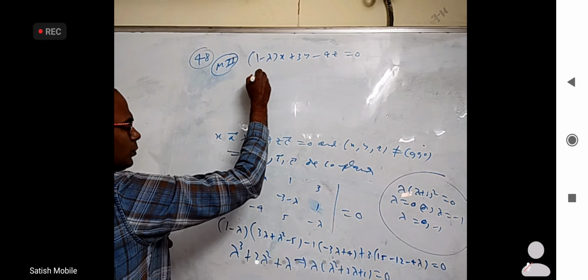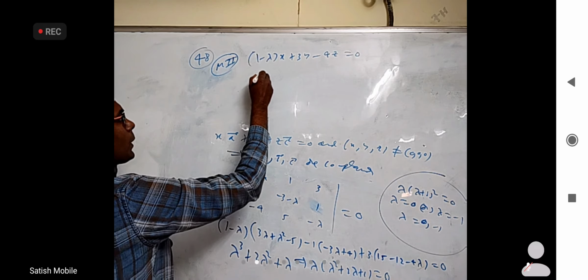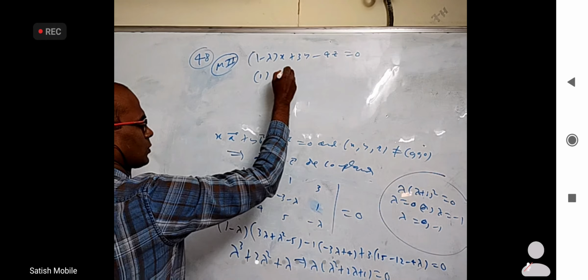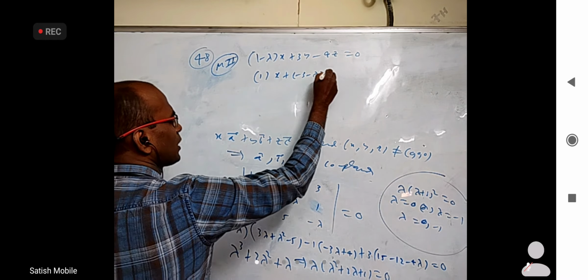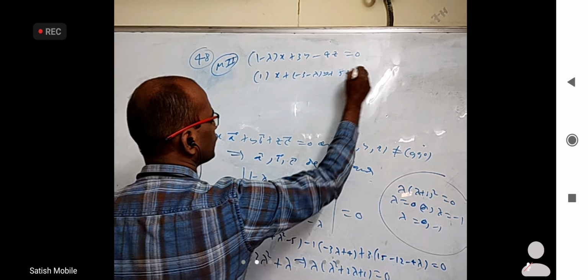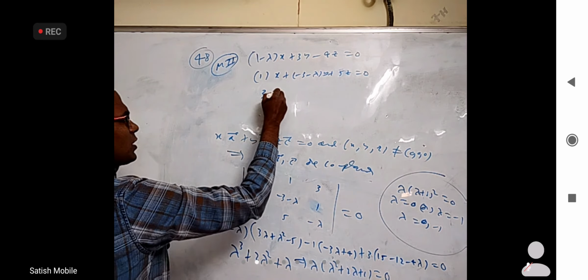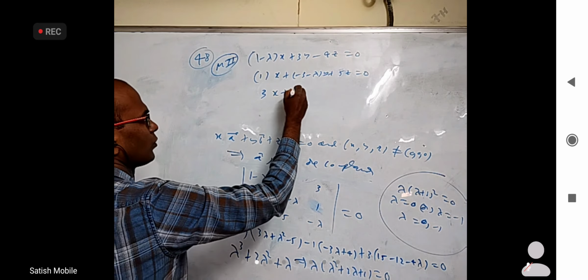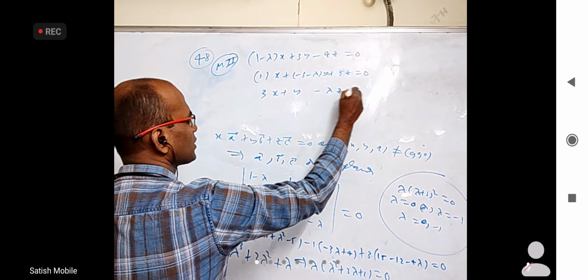Next, 1 into x minus 3 minus lambda into y, 5z equal to 0. Next, 3x, y minus lambda z equal to 0.